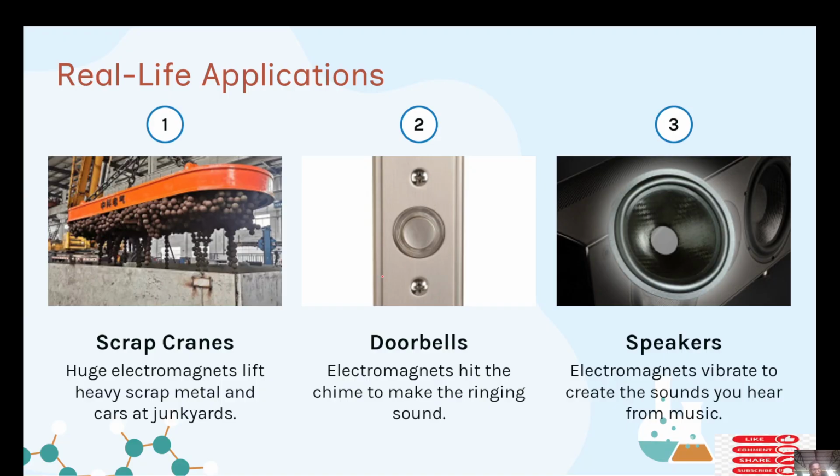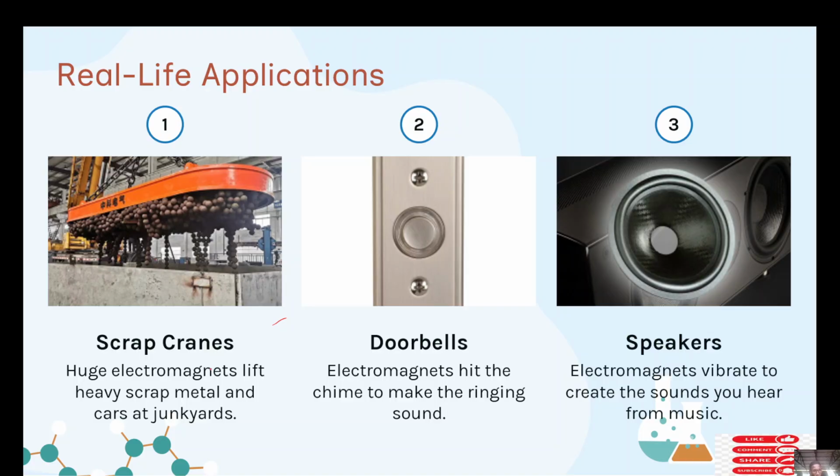Alright, so here are some of the live applications, places where we usually use this electromagnet mechanism in our daily life. The first place is the scrap cranes. In this place, there is a huge electromagnet lift. It lifts heavy scrap metals and cars at junkyards.